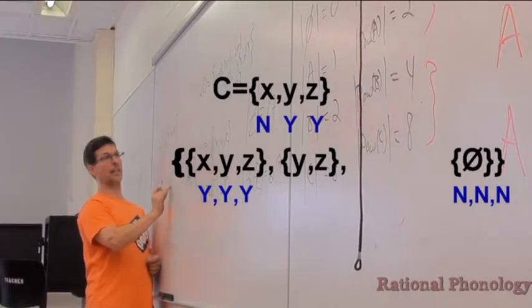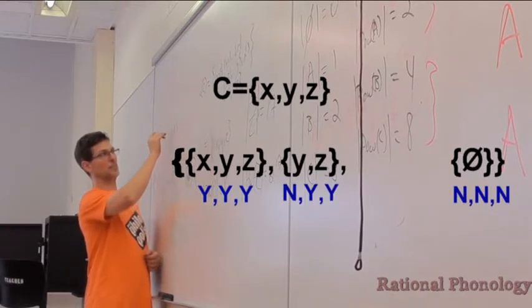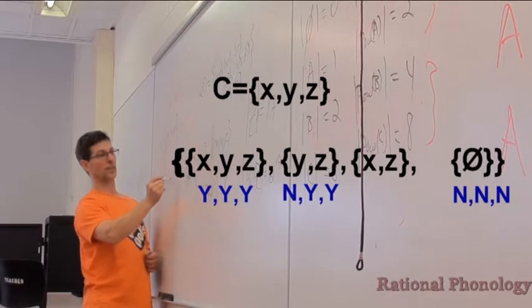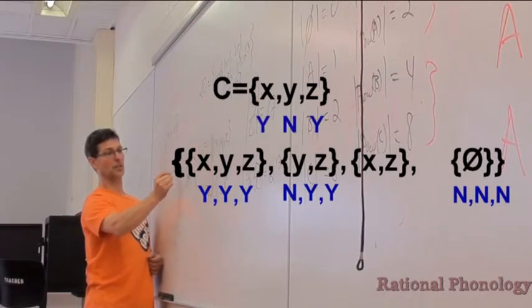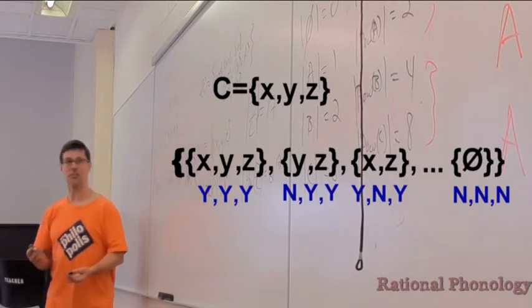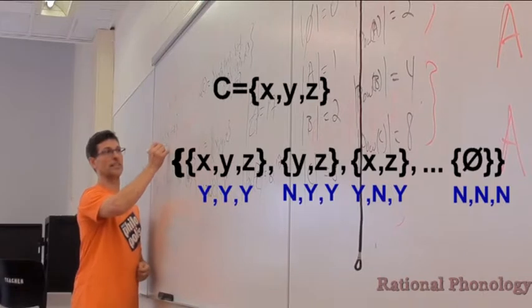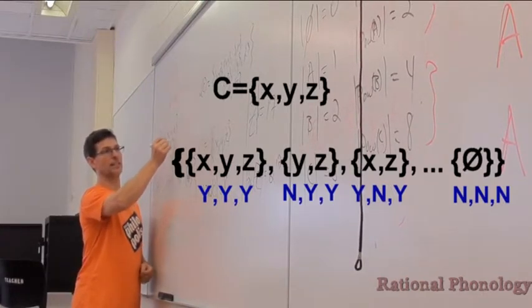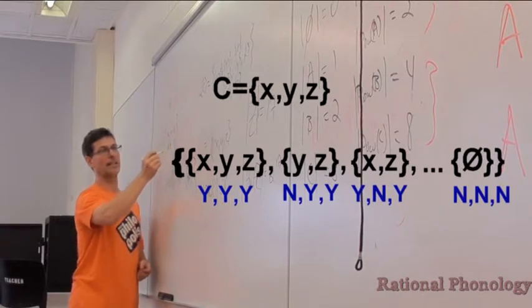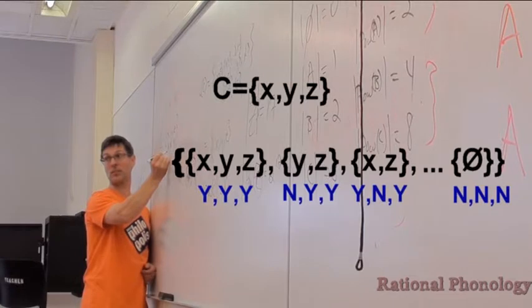Then that would be the set that has y and z. And then I could do, how about the set that's equal to x and z? That would be yes, no, yes, and so on. Right? And so if there's n members, I've got a yes-no question about this guy, and a yes-no question about this guy, and a yes-no question about this guy. And so however many members I have, I've got that many yes-no questions.